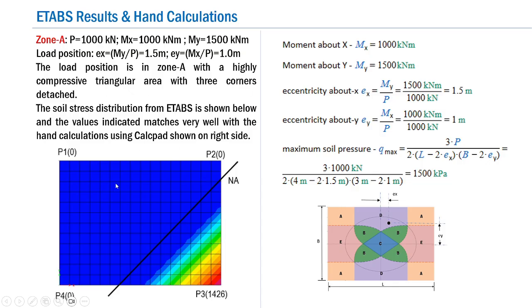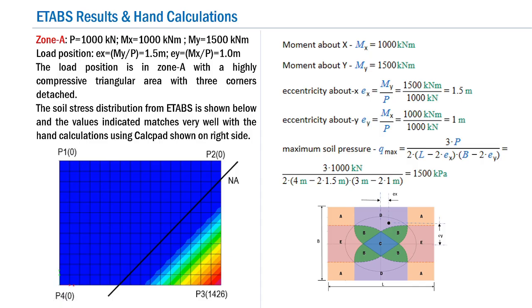Look here, this produces a triangular highly compressive base stress with the uplifting of three corners. P1, the soil pressure is 0, P2 it is 0, and P4 again 0. And here we find that the maximum soil pressure is too high, that is 1426. And from the values of the soil pressure, I have also plotted the approximate position on the axis, which corresponds to the zero stress line.